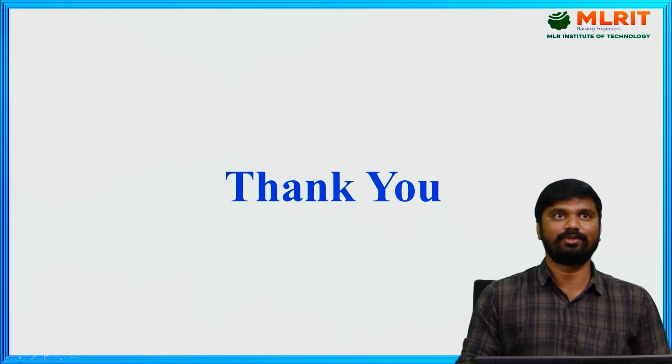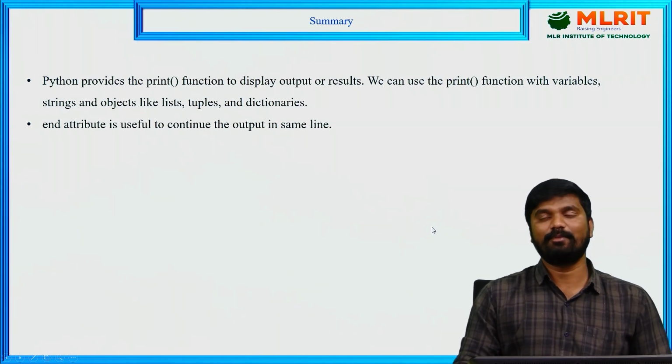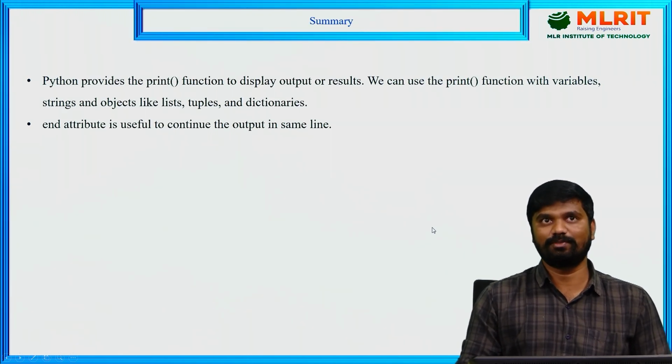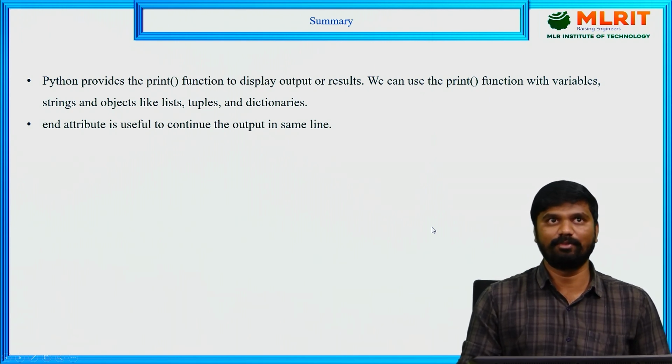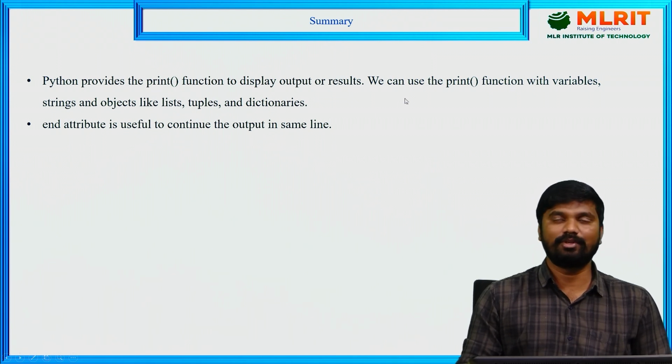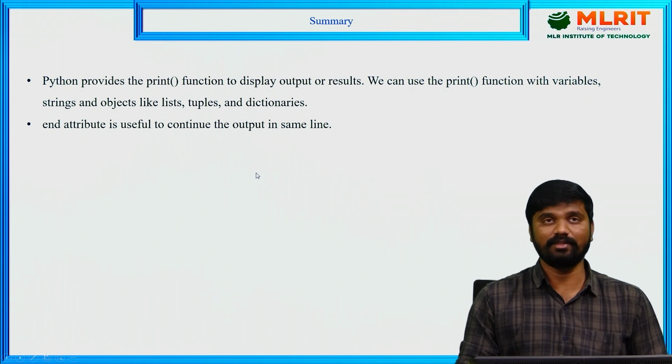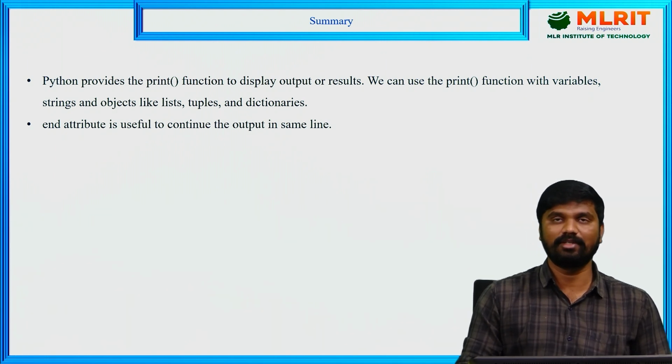Finally, Python provides the print function to display the output or results. If any statement is needed to display output, there is one function, the print function, which we can use with various formats, like passing string values, variables lists, objects, and so on.